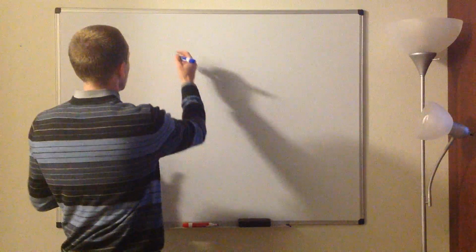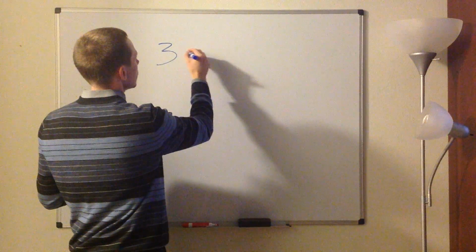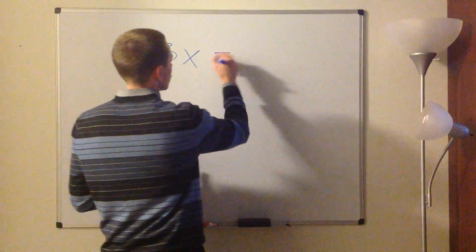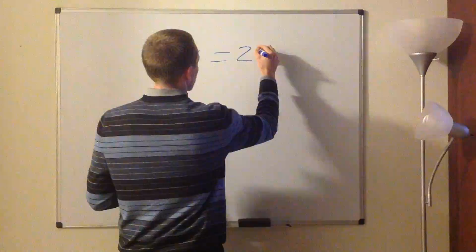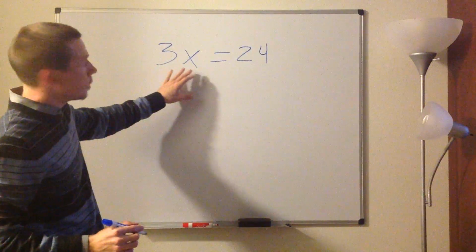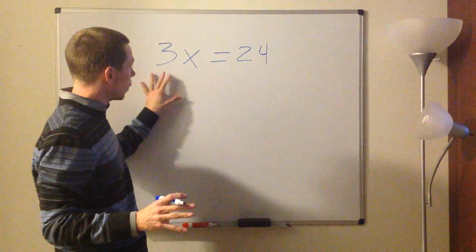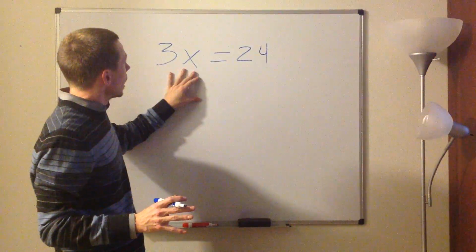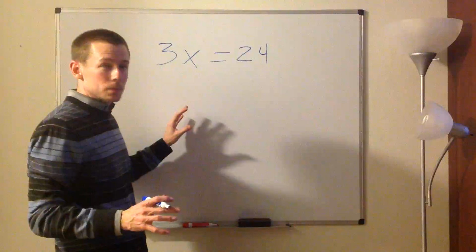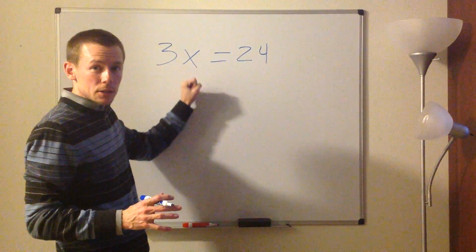So let's say we have 3 times some number equals 24. Well, again, you might know this off the top of your head, but let's say you don't. What can I do? Well, I want to get x by itself, and right now it's being linked by multiplication. So just as we saw previously, if I wanted to undo addition, I had to subtract.